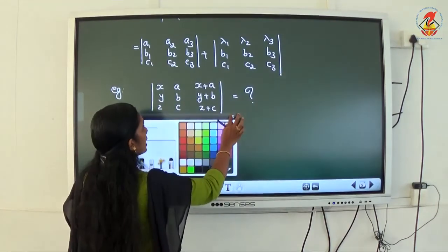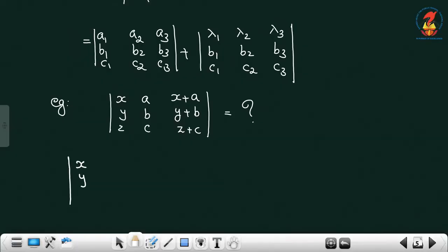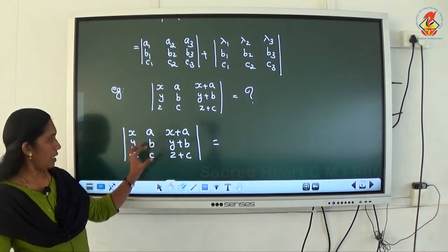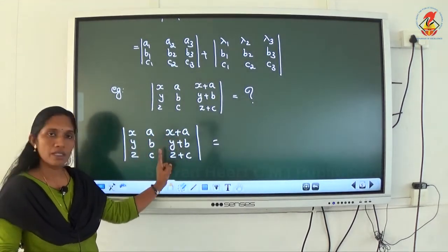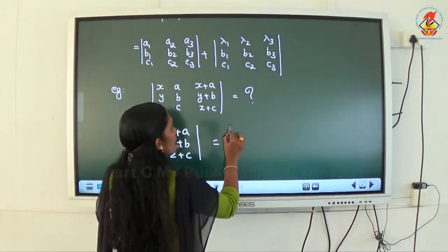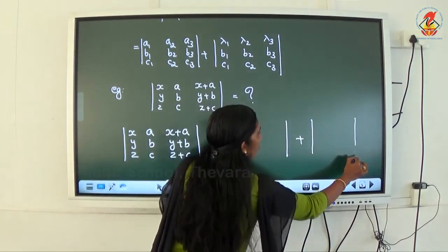So which property do we apply here? This x, y, z, a, b, c, x plus a, y plus b, z plus c. Here the third column is the sum of two terms. So we can express this whole determinant as the sum of two determinants.